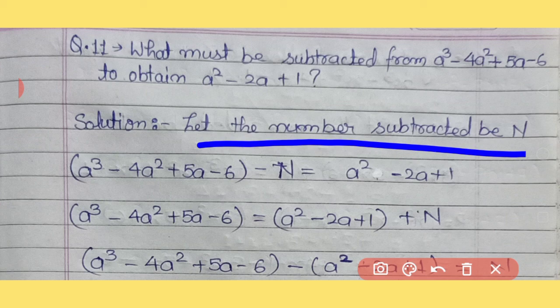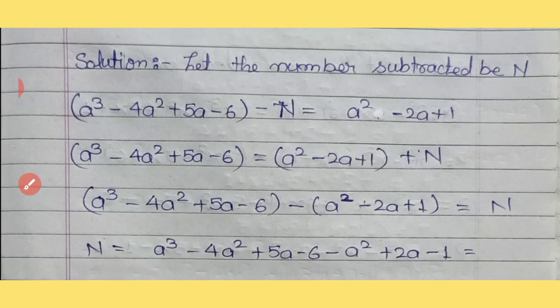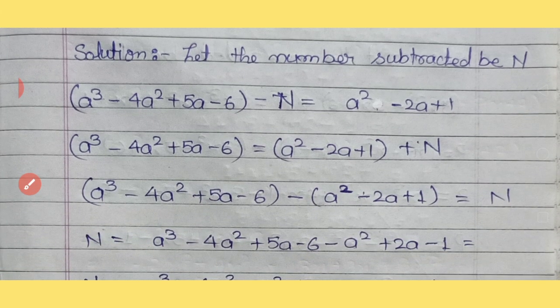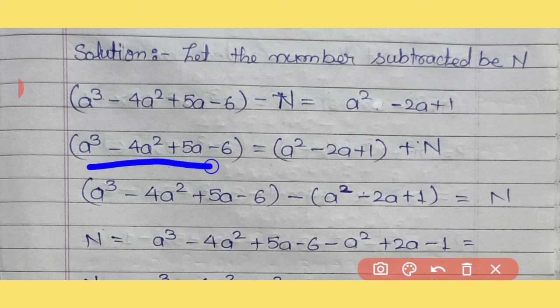So I have subtracted: a cube minus 4a square plus 5a minus 6 minus n is equal to a square minus 2a plus 1. So here n is subtracting, so when n transfers to the other side, it will do the work of addition. So we have to change it. It became a cube minus 4a square plus 5a minus 6 is equal to a square minus 2a plus 1 plus n.